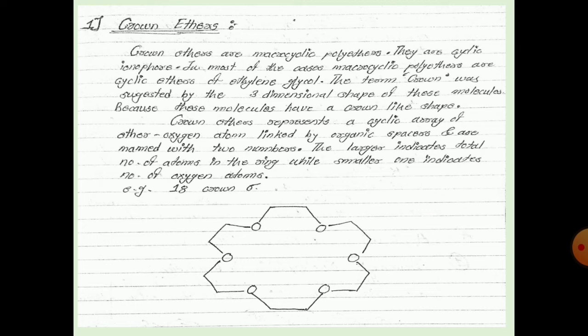So the crown ethers are also represented by notation. A typical example: firstly the IUPAC name is 1,4,7,10,13,16-hexaoxacyclooctadecane. The short name is 18-crown-6. Okay, the notation is 18C6, like that.